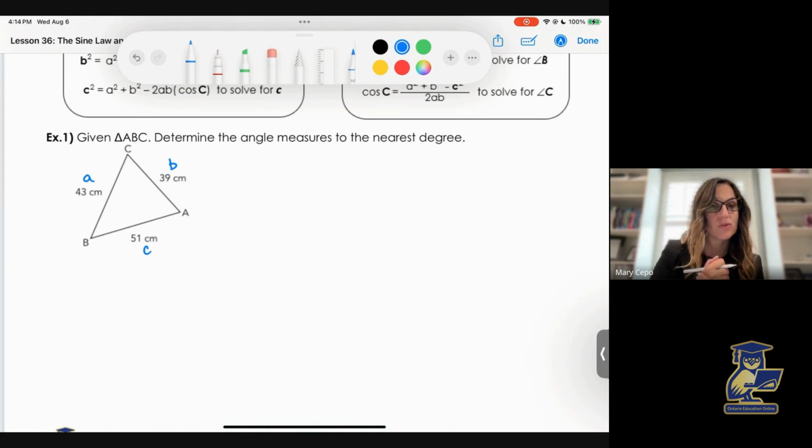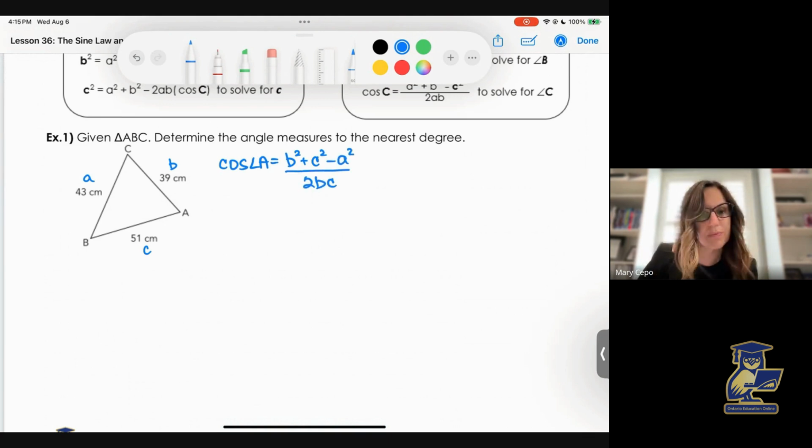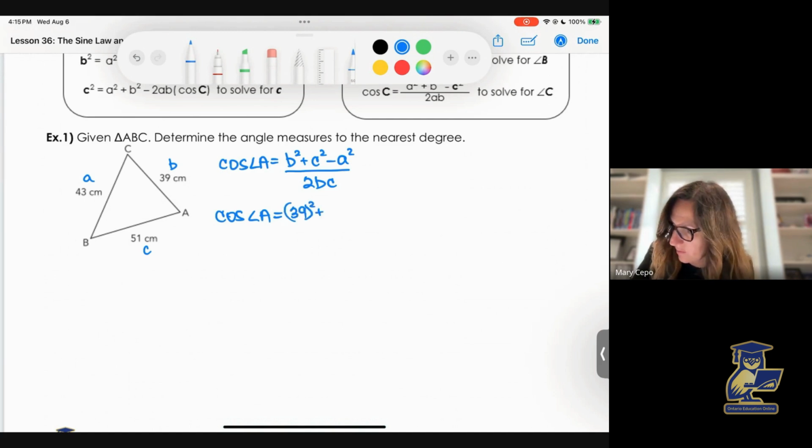In this case, it says determine angle measures to the nearest degree. So of course, we need to use the version of the cosine law where we're solving for angles. Let's start with angle A. Cosine of angle A is going to equal the other sides, b squared plus c squared minus a squared all over 2bc. So cosine of angle A is equal to b, which is 39 squared, plus c, which is 51 squared, minus a squared.